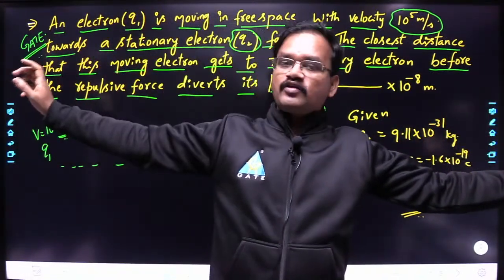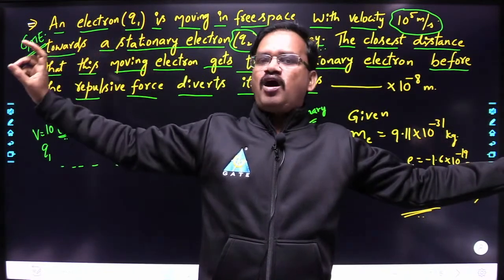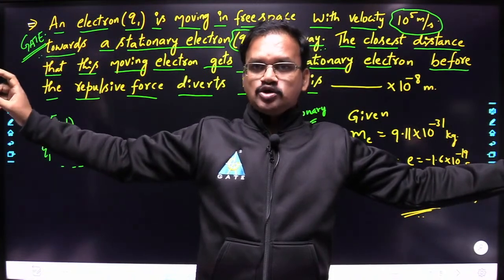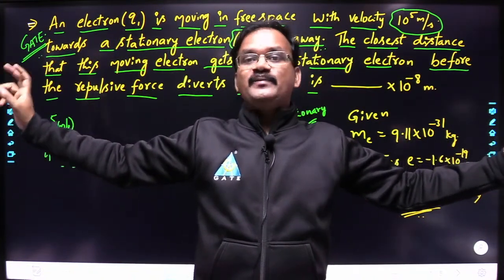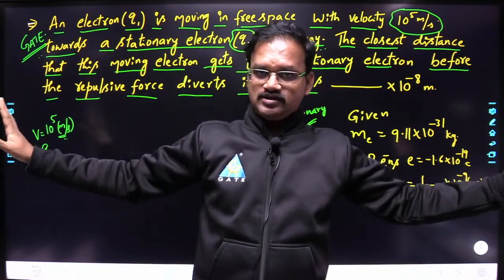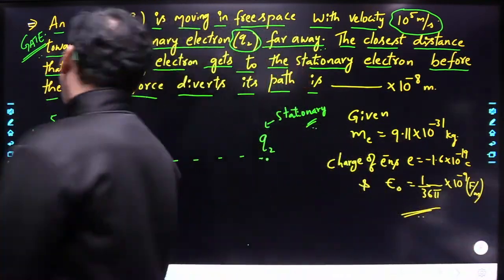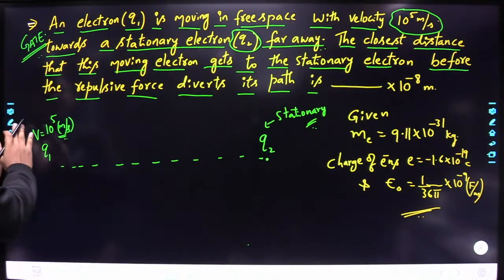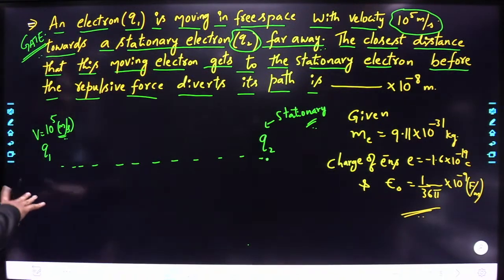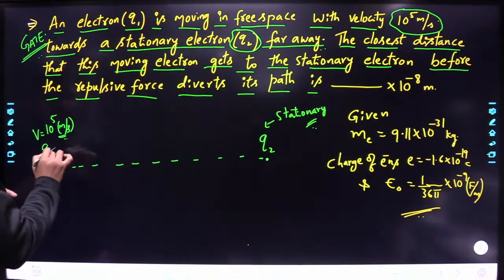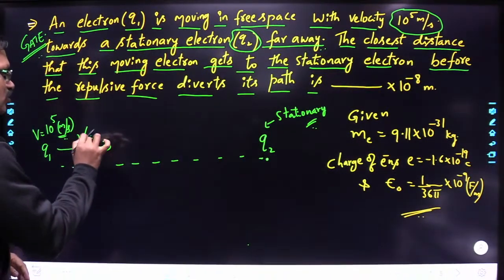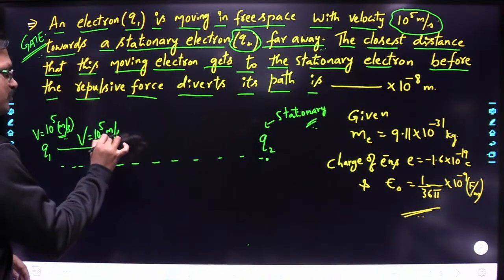So at that distance, the force experienced by Q1 due to the field produced by Q2 will be almost negligible. That's what they mean by far away. Initially the velocity of that charge is 10 power 5 meters per second, and it is moving towards Q2.